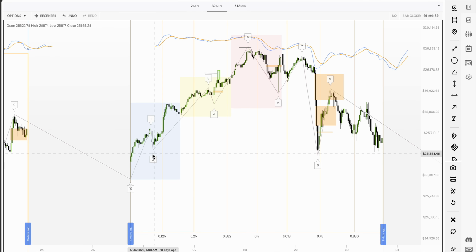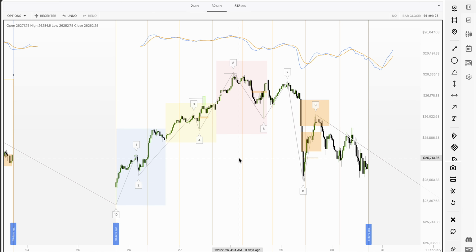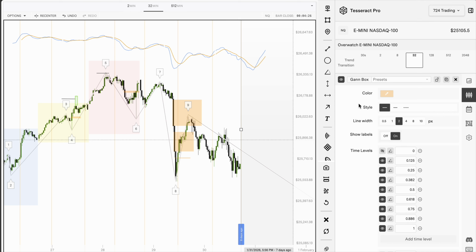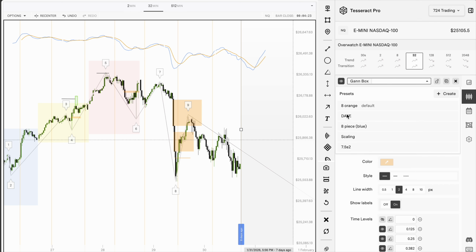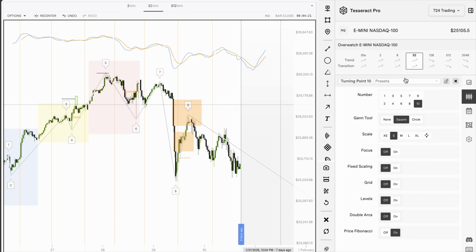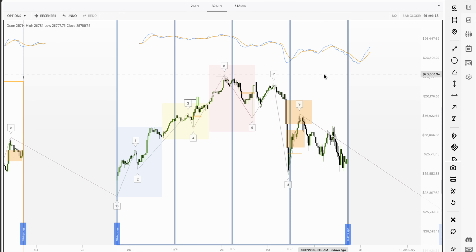Here's another example. All the turning points fall within their set borders, within their own set guidelines here.